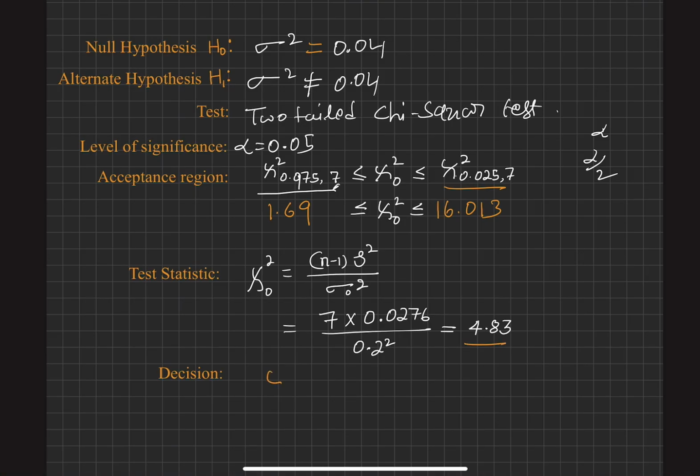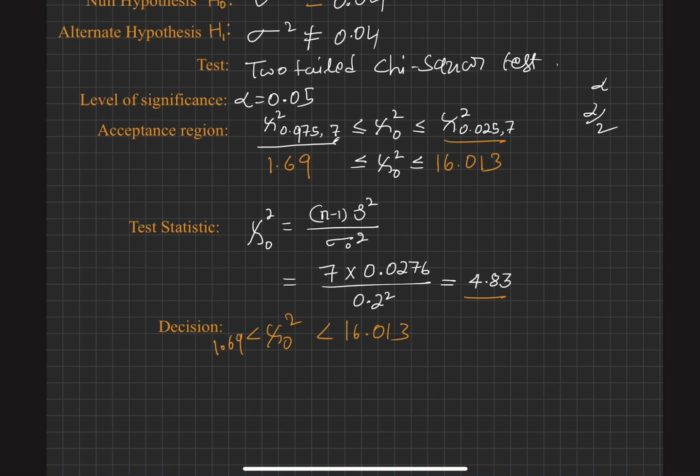Now again let's determine the test statistic chi naught square, which we get as 4.83. And again we can observe that the chi naught square value lies between 1.69 and 16.013. That means the chi naught square value is in the acceptance region, so we cannot reject the null hypothesis.